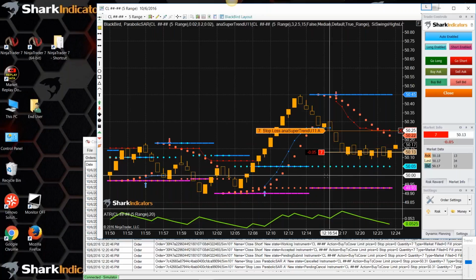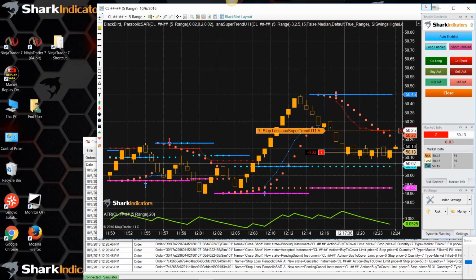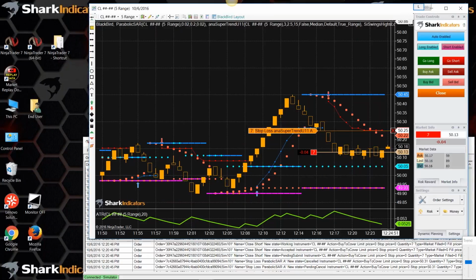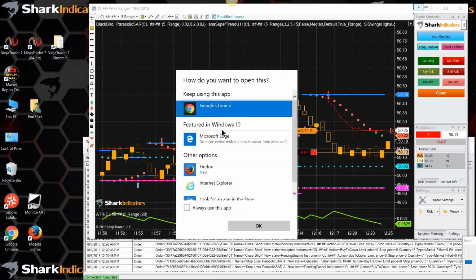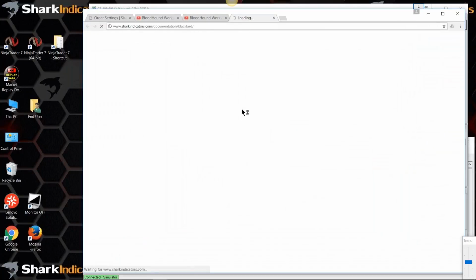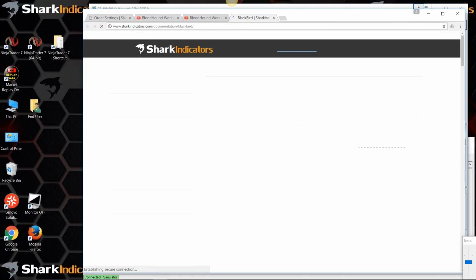It tracks different swing points, and if you want to learn more about that, from BlackBird we've got a little help button up here, and we can go to the documentation, and there we go. Let's open up the documentation here.